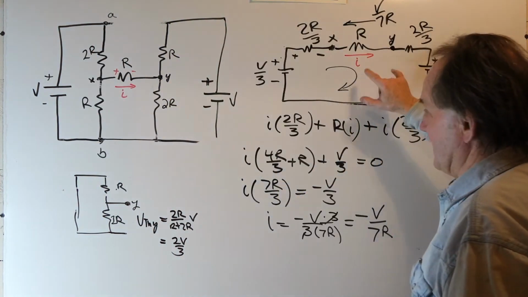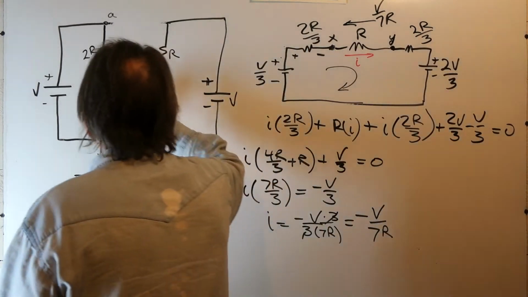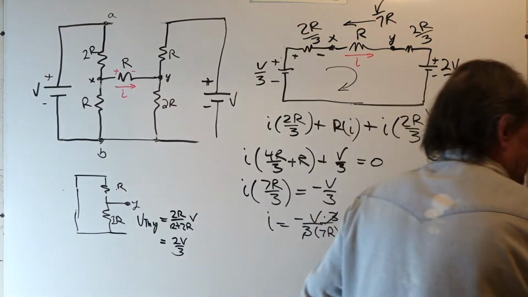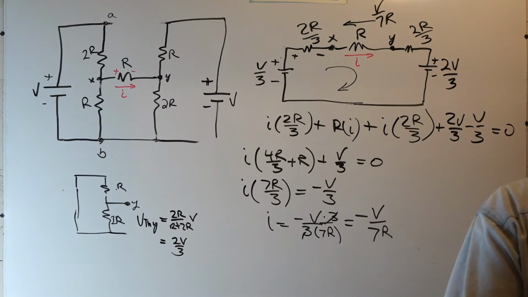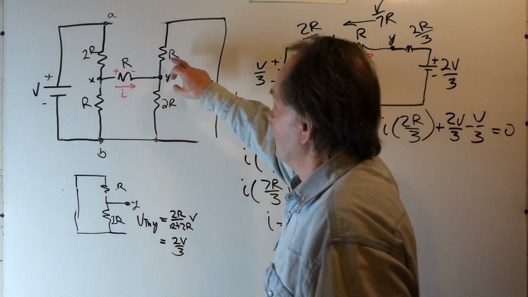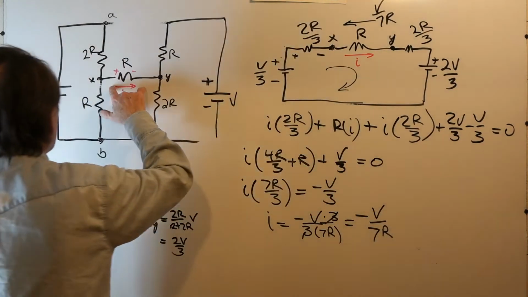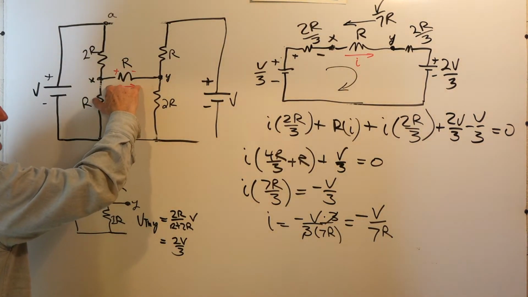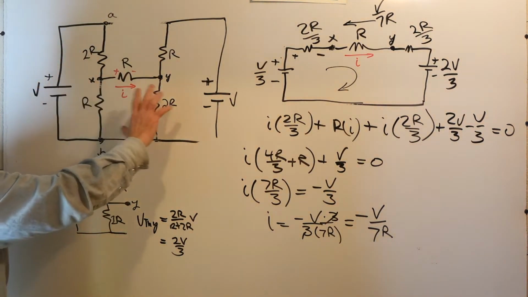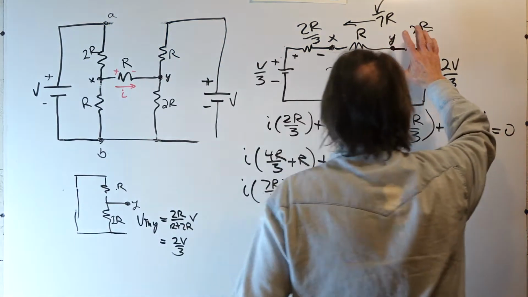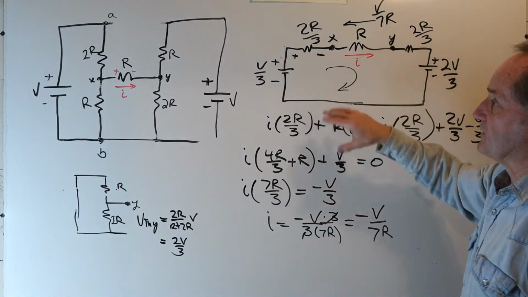In this transformation here, I cannot determine what any of the currents are in the R or 2R resistors. I can only determine what the current is in the bridge resistor, because we've lost that information on the rest of the network when I've done the transformation.